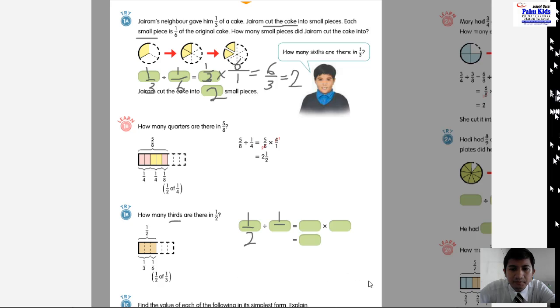A third is 1 per 3. So a half multiplied by 3 per 1 equals 3 per 2. 1 multiplied by 3 is 3, 2 multiplied by 1 is 2. 3 per 2 can be simplified as a mixed fraction, 1 1 per 2.